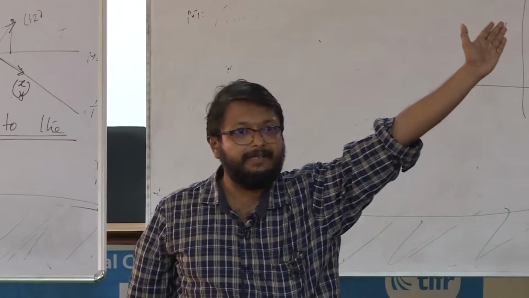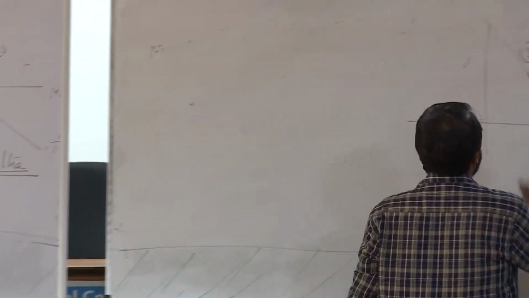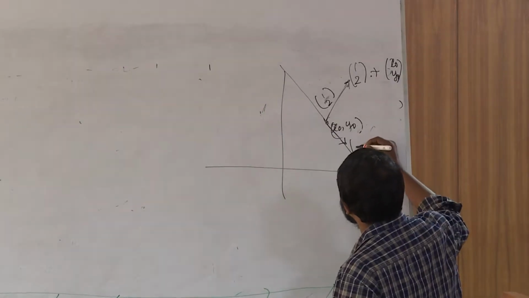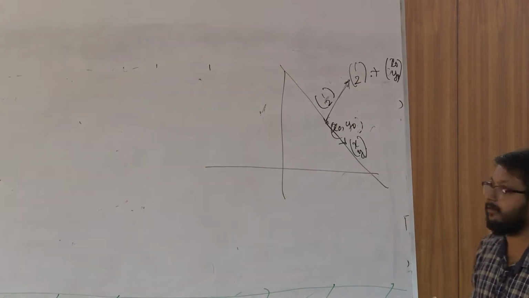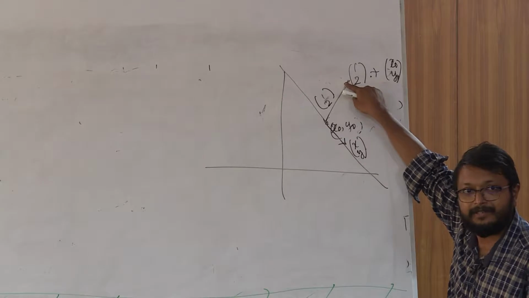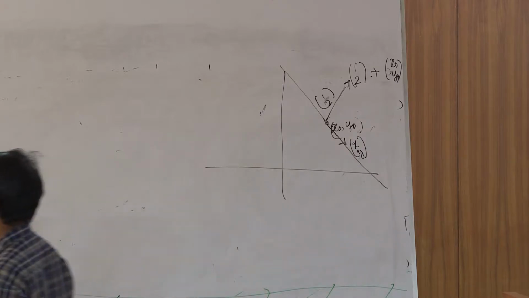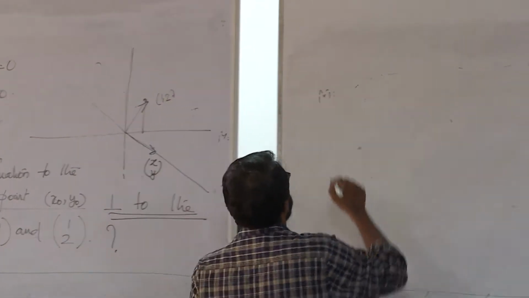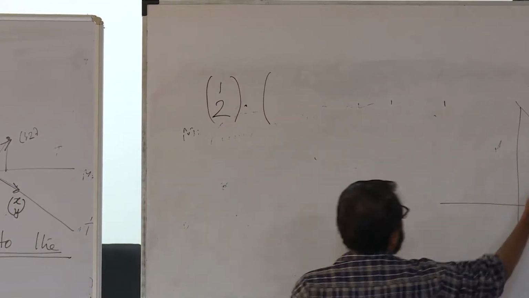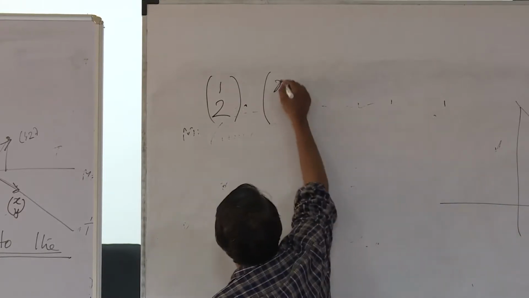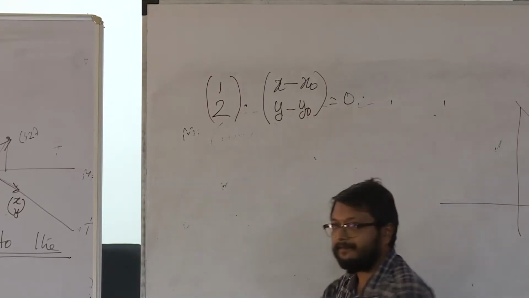How do you get the equation to the line? Again the idea is very simple. If I look at any point xy here, the line joining x naught, y naught and xy should be perpendicular to the vector 1, 2, correct? So the dot product of 1, 2 with any point here, x minus x naught, y minus y naught, equal to 0, correct?